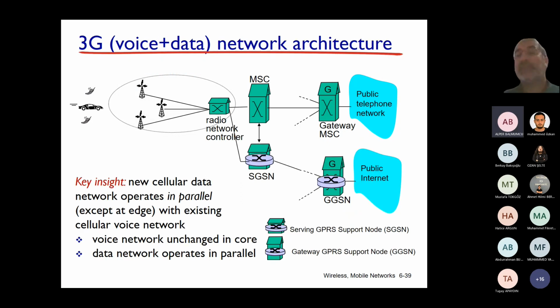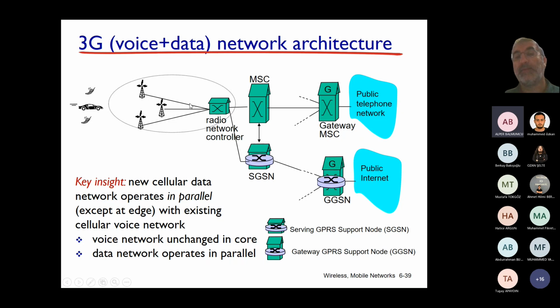After the success of 2G for voice communication, users started to demand data communication to access the internet. So that's why they added another parallel chain, as you see. We keep the voice communication chain, and we add a new chain for data services. Now the BSC name changed to RNC, the new radio network controller, which can handle both.